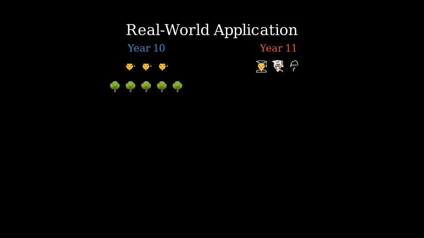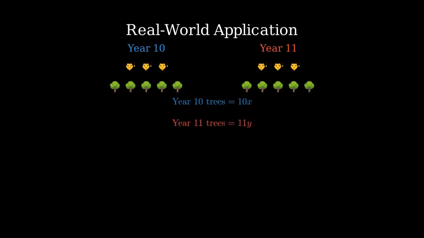Let's see how algebraic addition and subtraction apply to a real-world scenario. Imagine a tree planting project at your school where each student is planting trees. Let's represent the number of trees planted by year 10 students as 10x, and the number planted by year 11 students as 11y. If year 10 planted 10x trees on Monday and 5x trees on Tuesday, the total number of trees planted by year 10 is 10x plus 5x, which equals 15x trees.